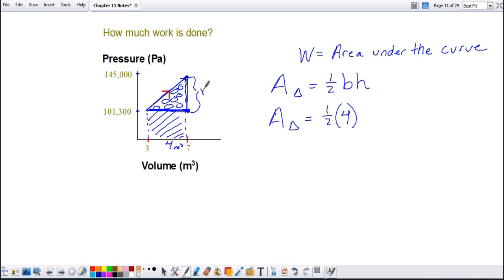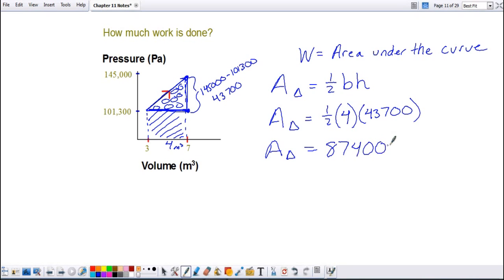So this height is going to be 145,000 minus 101,300. Okay, so the height of this is going to actually be 43,700 pascals. Solve this and we find the area of the triangle is 87,400. But that's only part of the area underneath the curve.